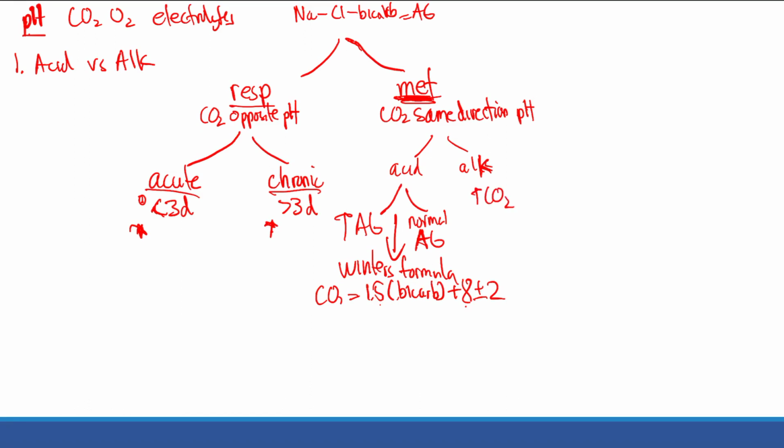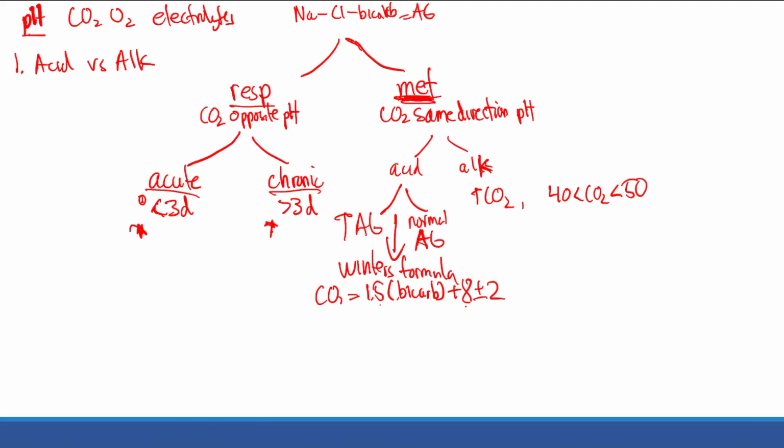But in general, CO2 does not rise over 50. So your CO2 should be between 40 and 50, okay? Because for some reason, your body just doesn't go above 50. But you know that your CO2 shouldn't be below 40. It should only go up, because that's how you would normally compensate for a metabolic alkalosis.